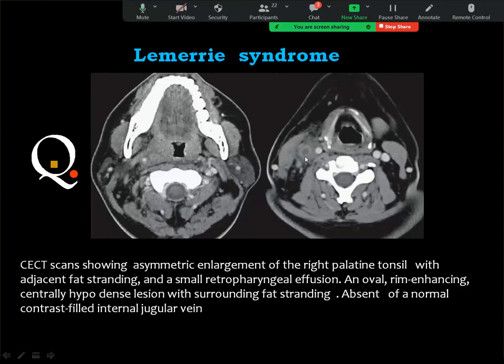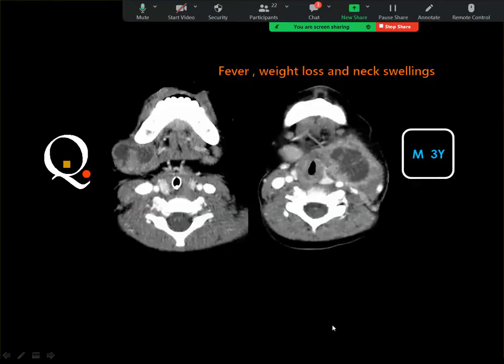This is, of course, not a lymph node because simply you should have the common carotid and the internal jugular vein. The internal jugular vein is not seen, and it is thrombosed secondary to inflammation, and this is known as Lemierre syndrome. Male, 3 years old, with fever, weight loss, and neck swellings.